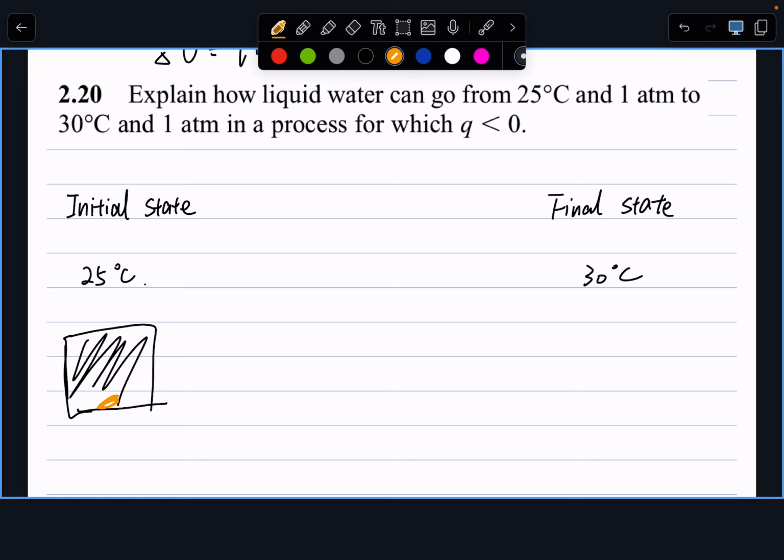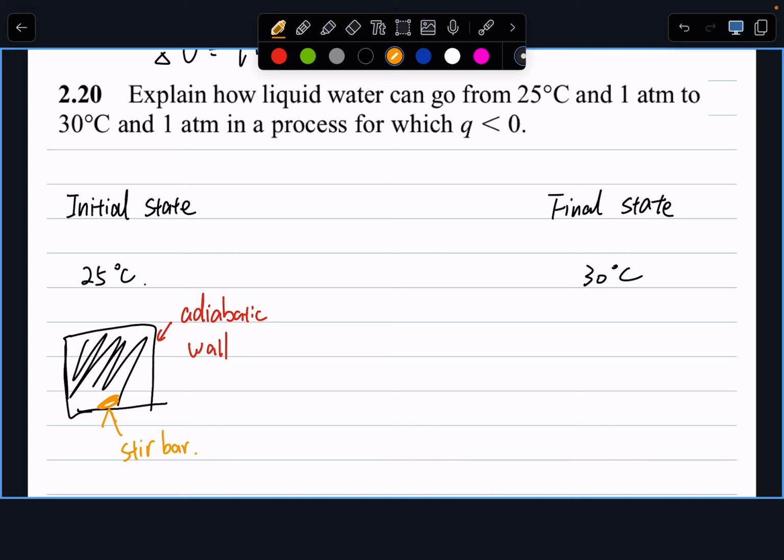So that's my initial state. My water is at 25 degrees Celsius, 1 atm, as the problem said. In addition, I manually add that my wall is adiabatic. That's my stir bar. That's something you can build.